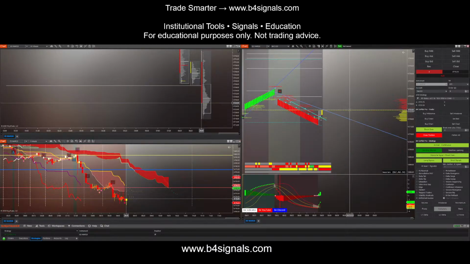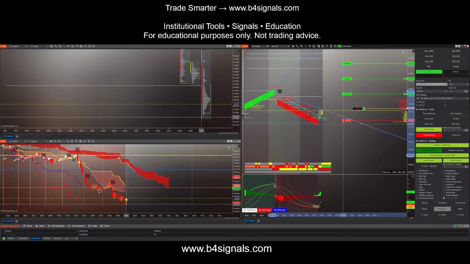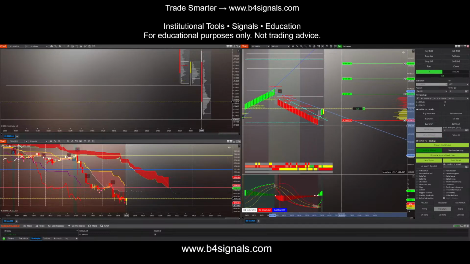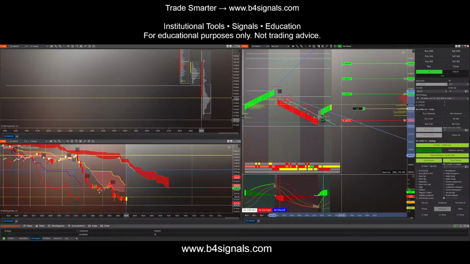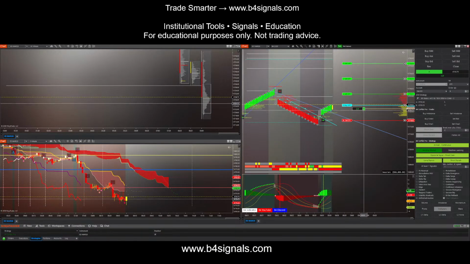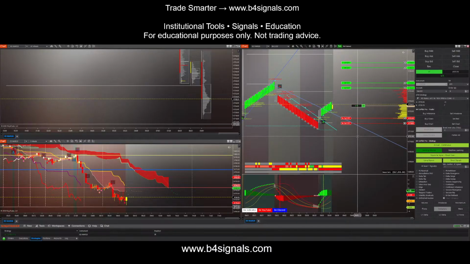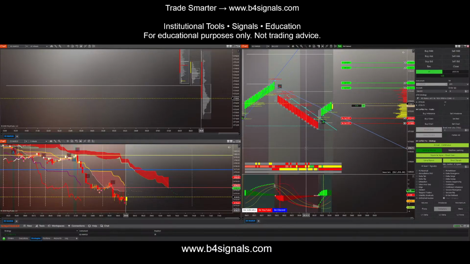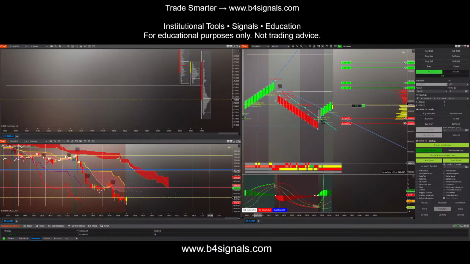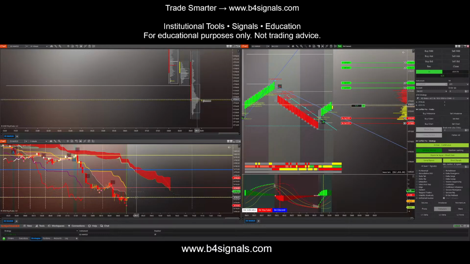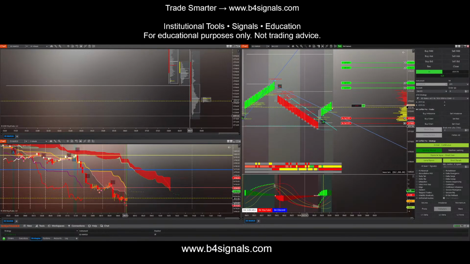This is the wrong direction here. We need to pull him back. Why did we expect a pullback?